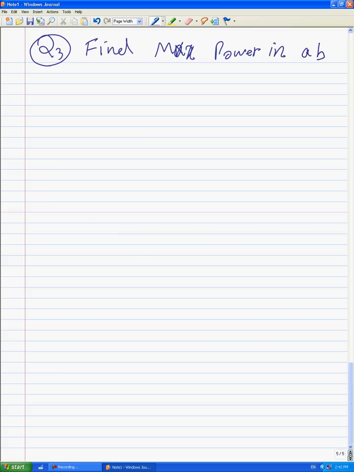Okay, in this question 3, we want to find the max power in terminals A and B, which means we want to find the maximum power which transfers in terminals A and B. The circuit is like this.